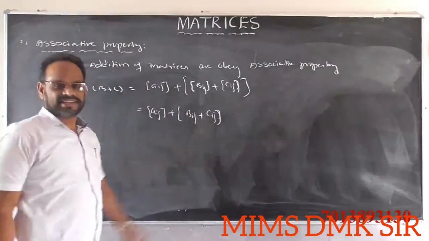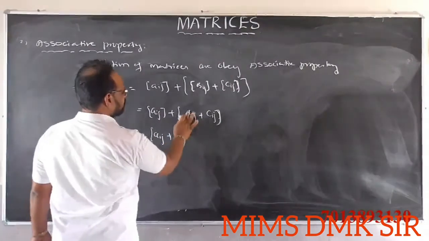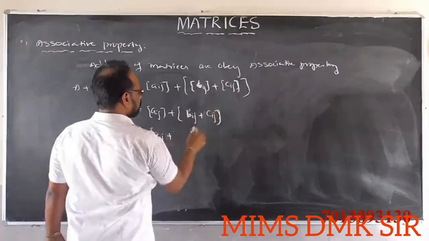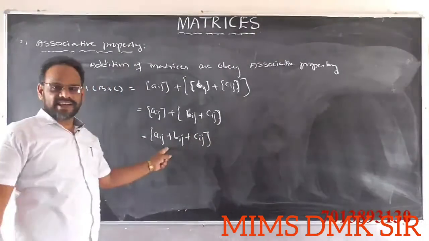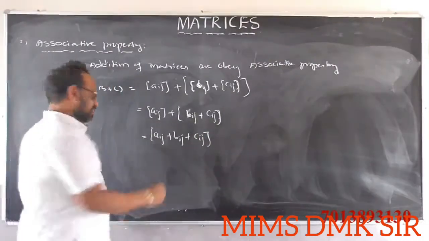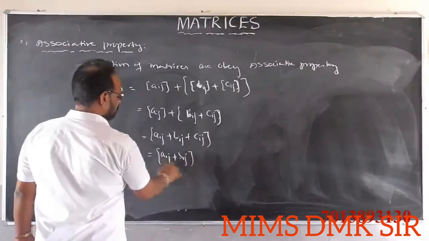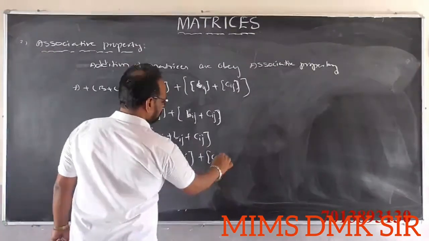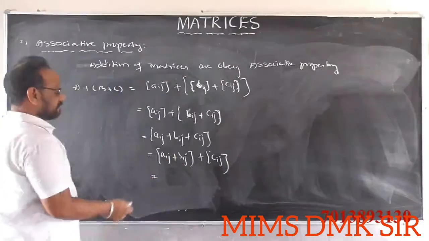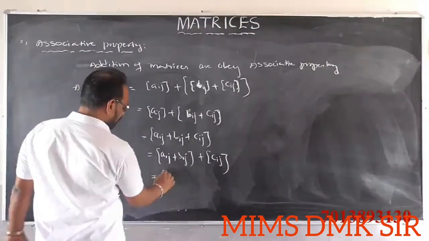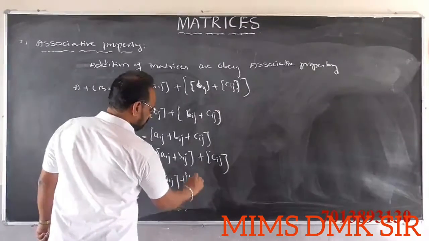Their sum is Aij plus Bij plus Cij. This can be written as Aij plus Bij, plus Cij. So Aij plus Bij is nothing but Aij plus Bij.